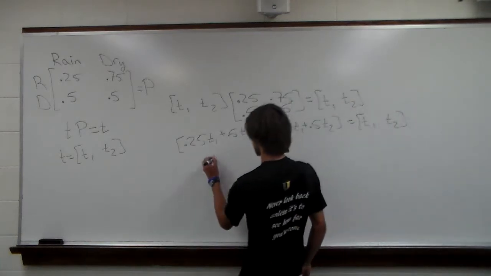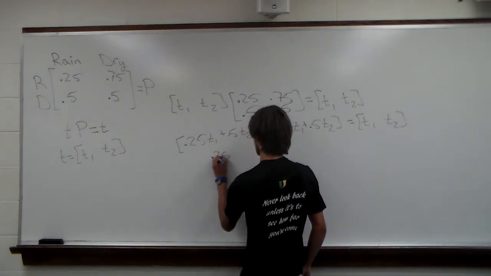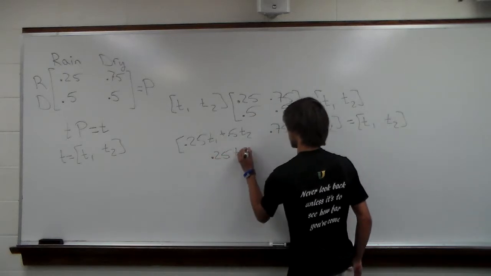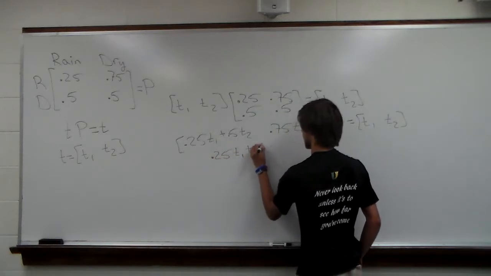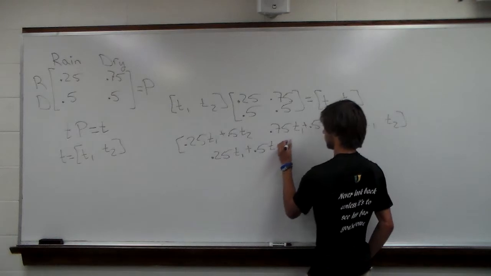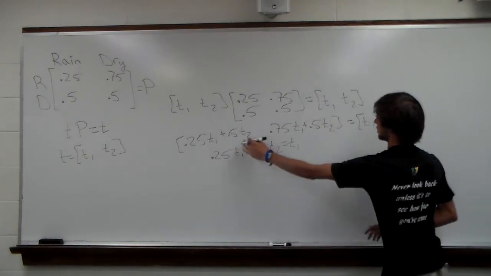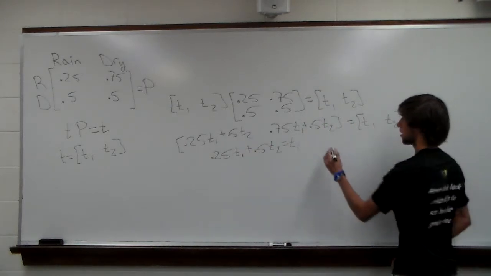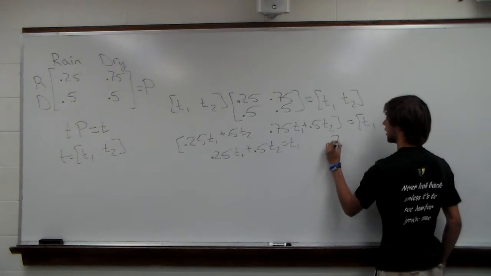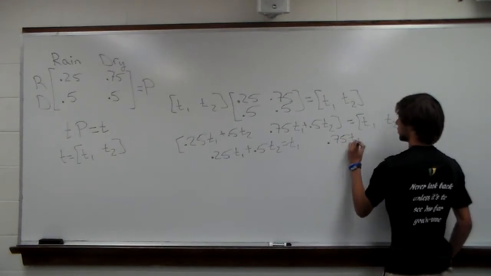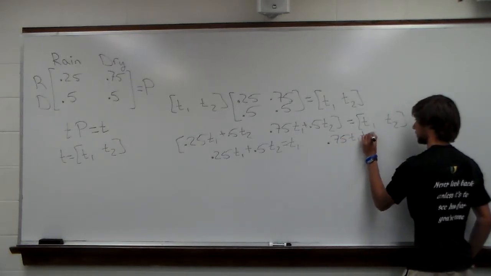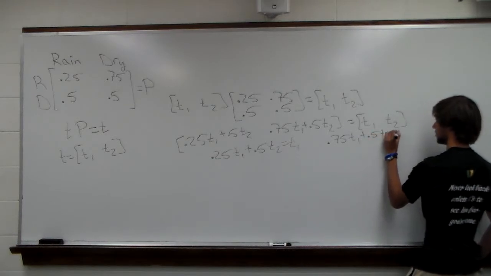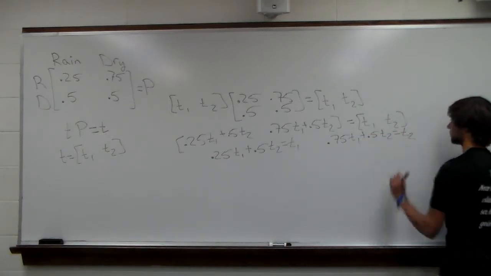So we're going to write this as 0.25 T1 plus 0.5 T2 equals T1, because this one has to equal this one, and 0.75 T1 plus 0.5 T2 equals T2.